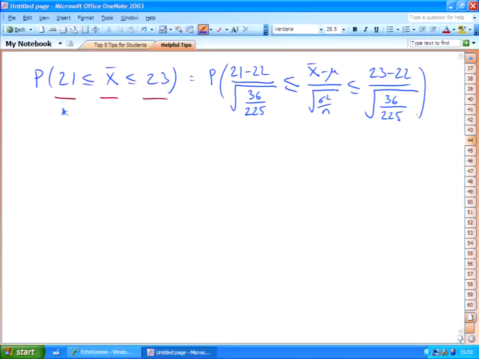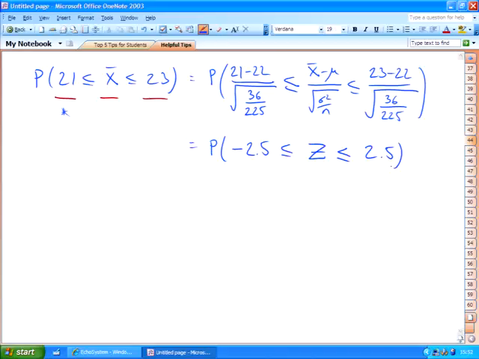So this is my standardization. Let's tidy this up a little bit. If you reach for your pocket calculator and plug in your numbers, this first term will reduce to minus 2.5, less than or equal to, well, this thing I can just denote by z, where z denotes a standard normal random variable, and by symmetry this thing will give me plus 2.5.